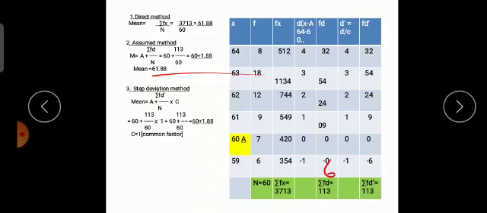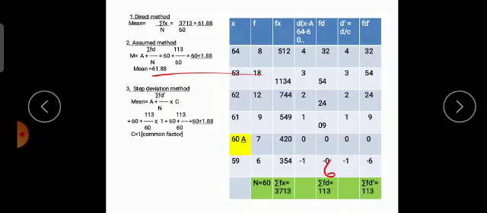So here c will be 1. D dash is simply the d values divided by c. So 4 divided by 1 is 4, 3 divided by 1 is 3, 2 divided by 1 is 2, 1 divided by 1 is 1, 0 divided by 1 is 0 and minus 1 divided by 1 is minus 1 only.